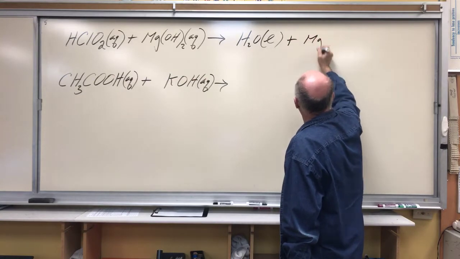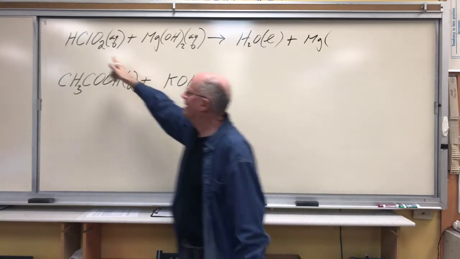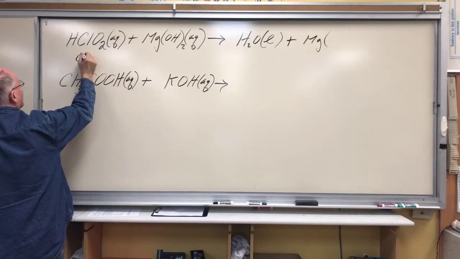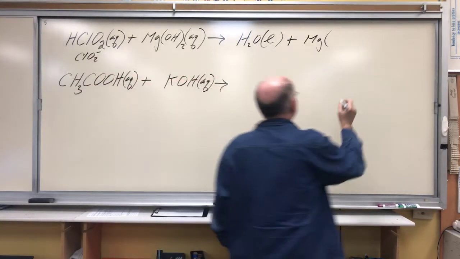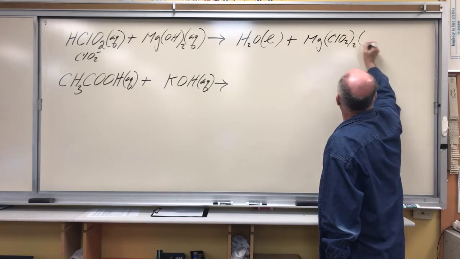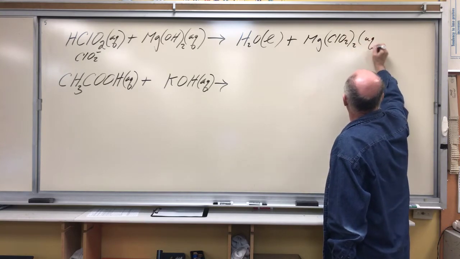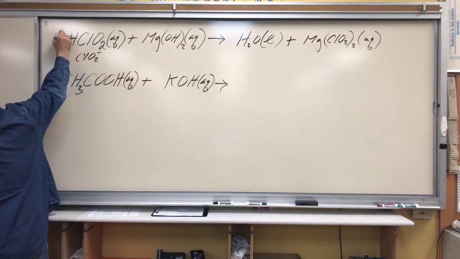Magnesium has a +2 charge, and chloride has a -1 charge. To balance the equation, put a 2 here.